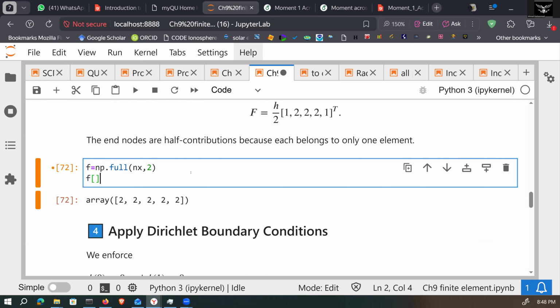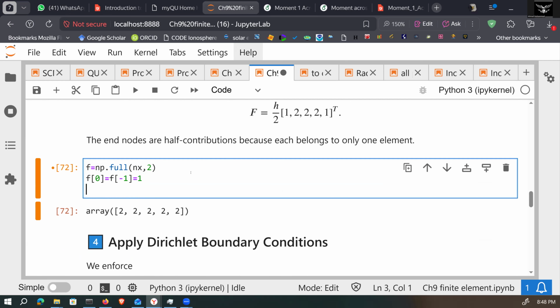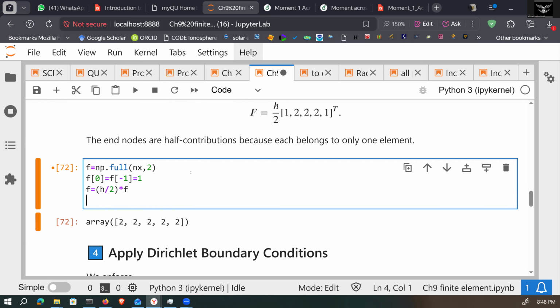So I do the same thing I did here. F of 0 equals F of minus 1 equals 1. Then here I say F equals h over 2 times F. So let's see what F looks like.